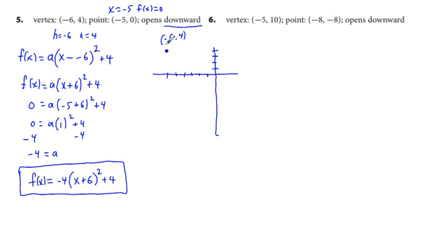And we have our axis of symmetry right here, x equals -6. And our second point is -5, 0. And our parabola is going to look something like this. Okay, so if you graph this in a calculator, that's exactly what you're going to see.